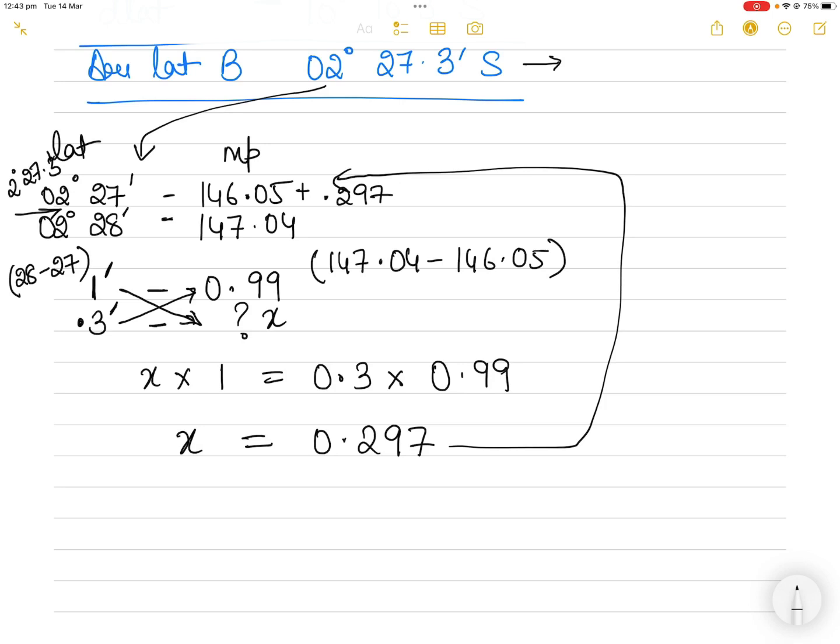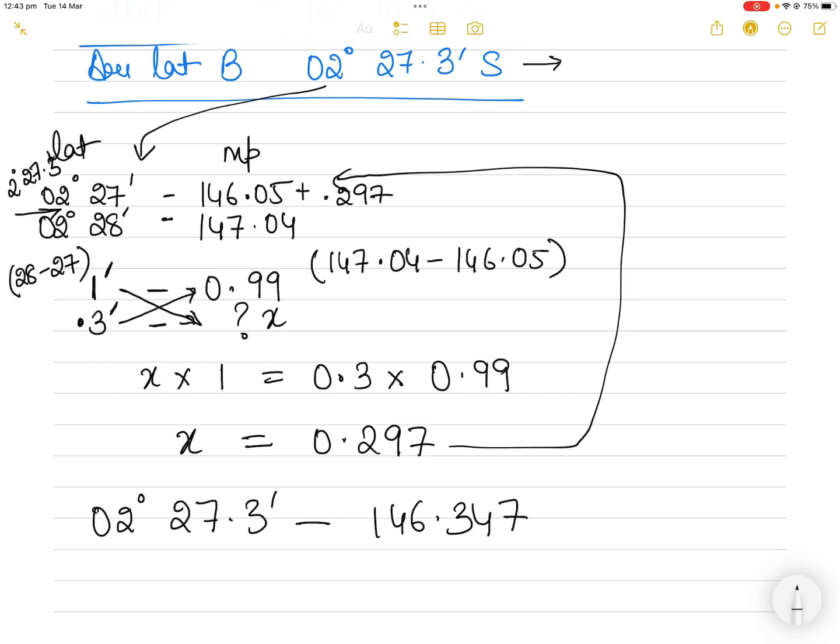So the meridional parts value for 2 degrees 27.3 minutes would be 146.347. When you increase the latitude value, I will increase the meridional part value from 146.05 plus 0.297.